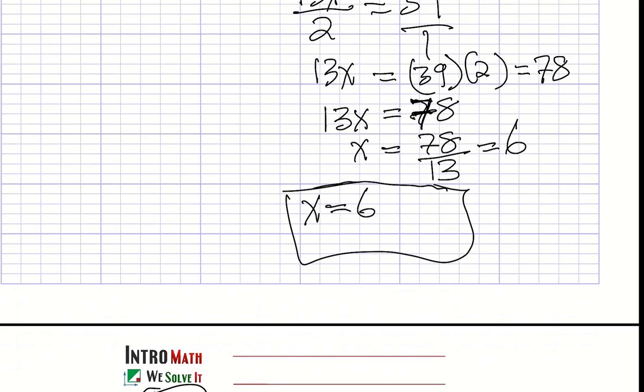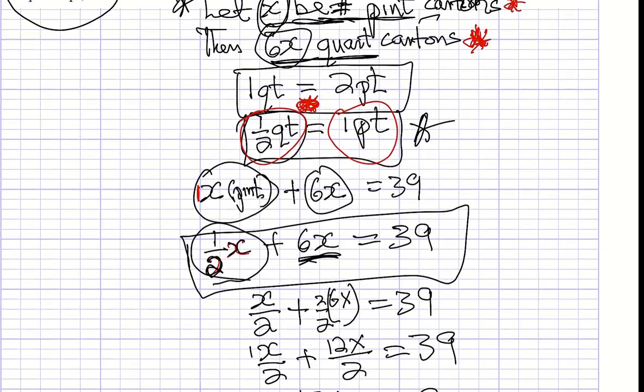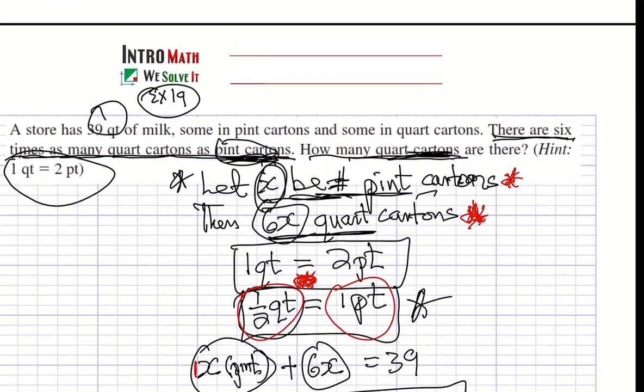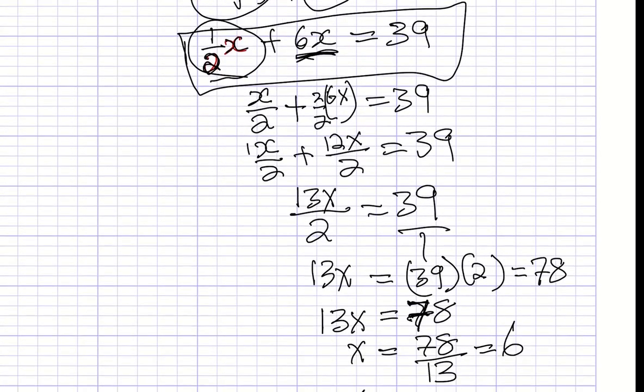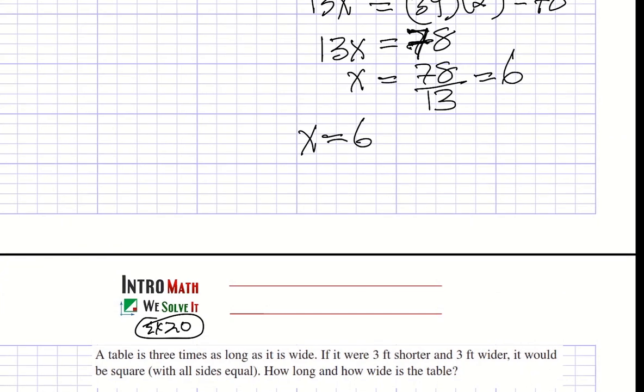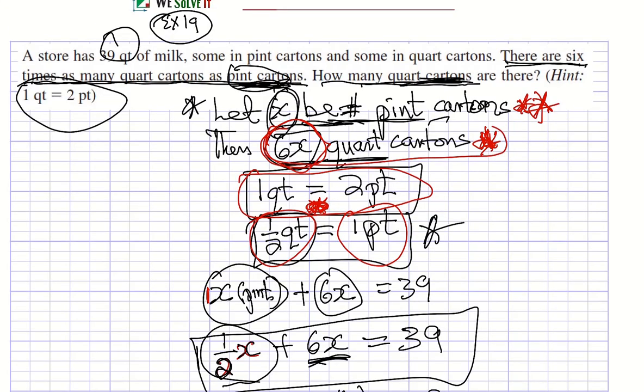Okay, x still represents pint. Remember we said initially, no matter what you say, x still represents pint. I'm sorry, I'm forgetting that part. Then there are 6 quart cartons.